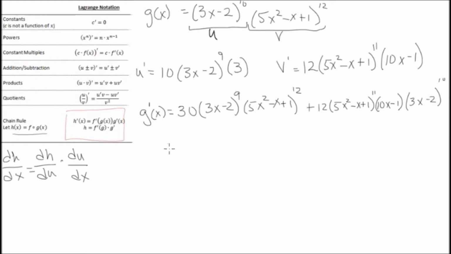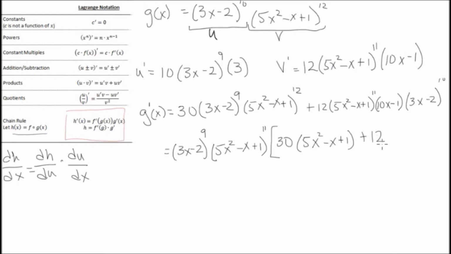We can factor things out here if we want to. I'm just going to go ahead and factor out the (3x - 2). I take the smaller of the two powers to the 9th, and (5x² - x + 1). I take the smaller of the two powers to the 11th, times, I left my constant there, 30. My second term disappeared. I was left with just one version of the third term.